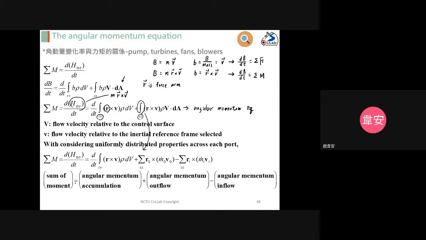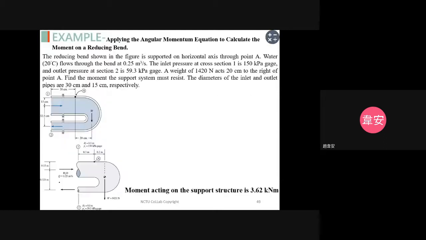Because our problem includes rotational movement, we will have some moment contributions.